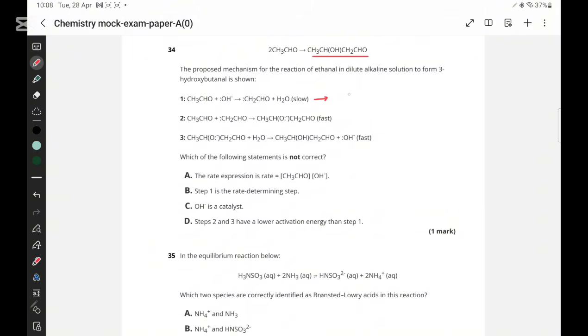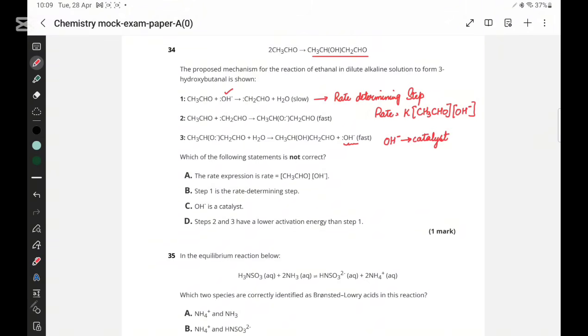This is a slow step, that means it is the rate determining step, and its rate is going to be equal to k times CH3CHO and OH minus. And then we can also analyze one thing, that OH is reacting in the first reaction and also regenerated in the last reaction as well. So we can say that OH minus is going to be the catalyst.